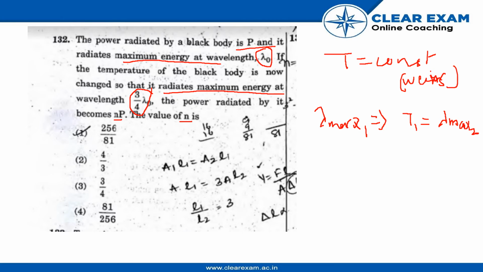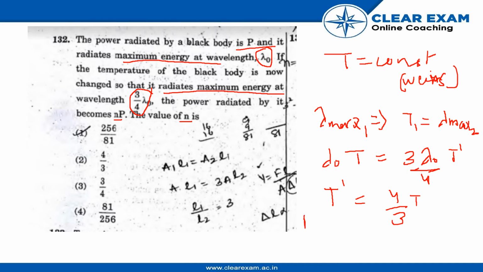So lambda naught T equals 3 upon 4 lambda naught T dash, as it is given in the question. So T dash equals 4 by 3 T.